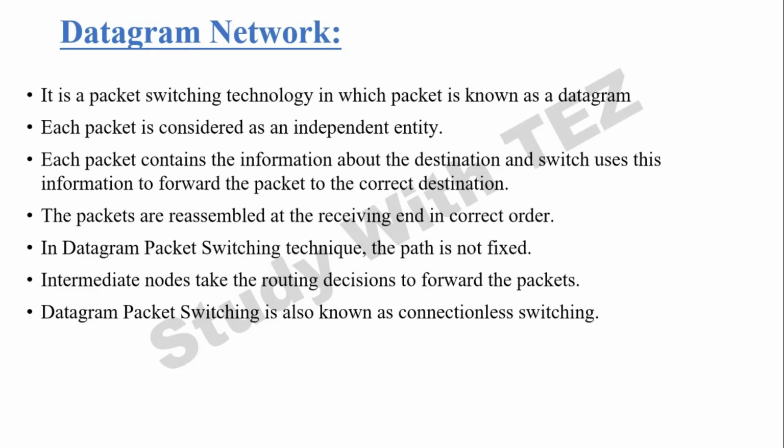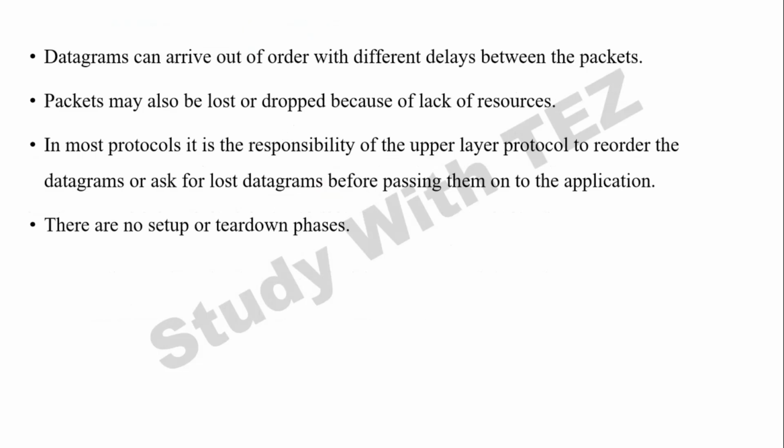So, intermediate nodes take routing decisions by looking at the routing table to forward the packets. Datagram packet switching is also known as connectionless switching. These datagrams can arrive out of order with different delays between the packets. Packets might also get lost or dropped because of lack of resources.